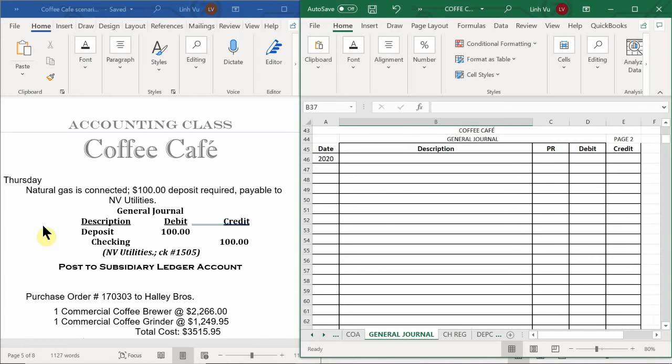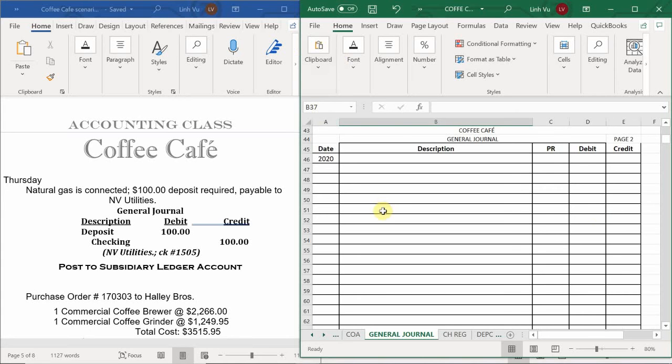Second of all, it's going to be running the heater system, or a furnace, a thermostat, whatever means that you need the natural gas for. So in this case, we are required to have a deposit, okay, for another $100.